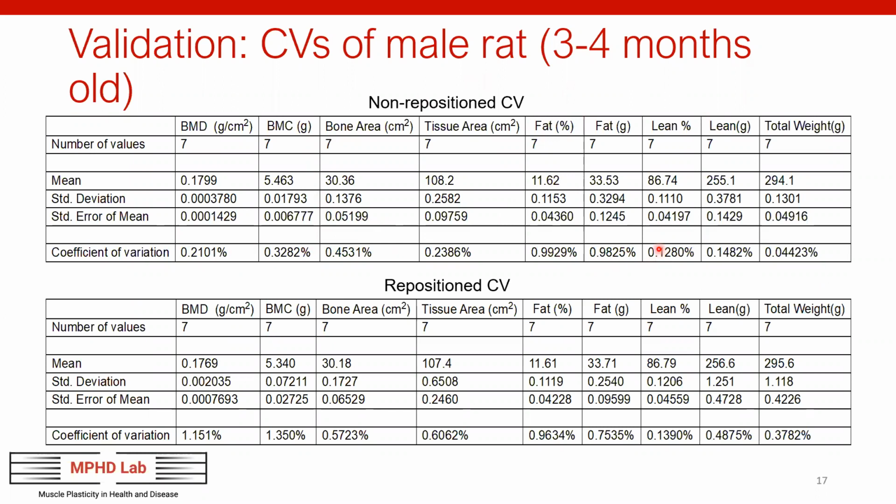Of course, Sebastian repositioned the rat, in this case 7 times, 7 measures here, and really still impressive CVs here with 1.15% in bone mineral density, 1.35% in bone mineral content, and then again, less than 1% in the fat and lean mass composition analysis. So really impressed with the validation aspect of this research.